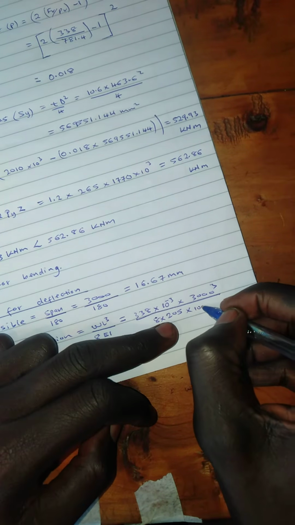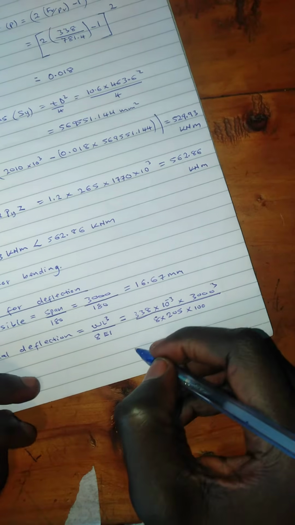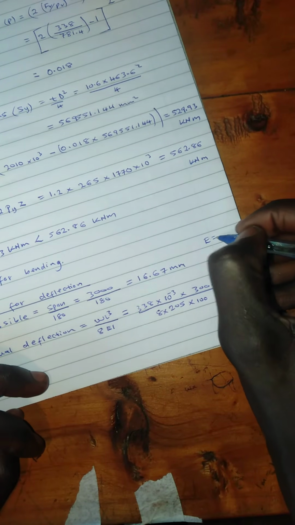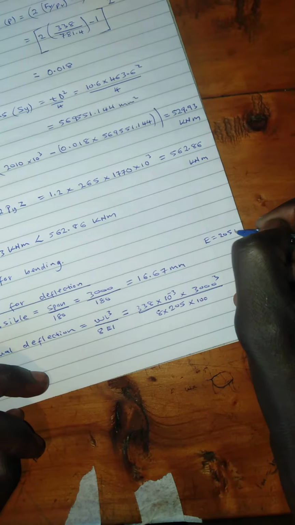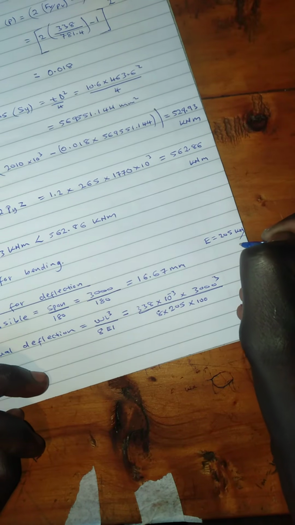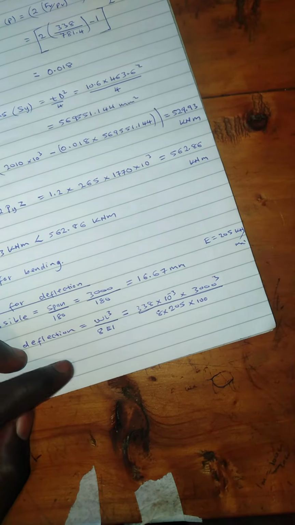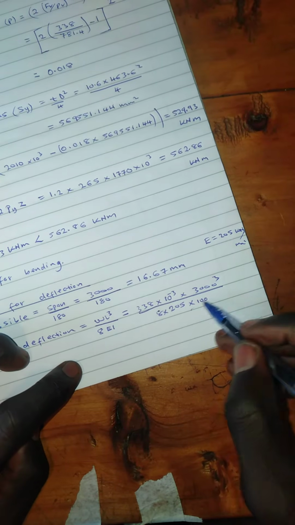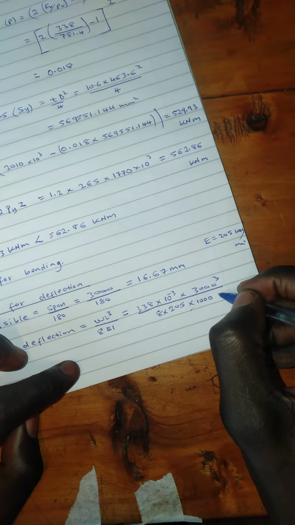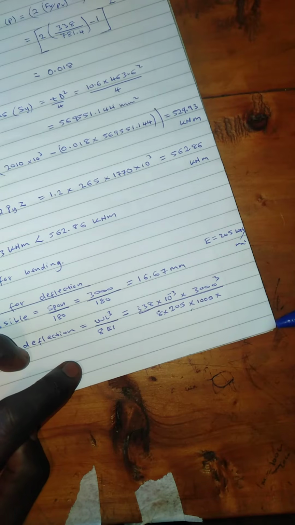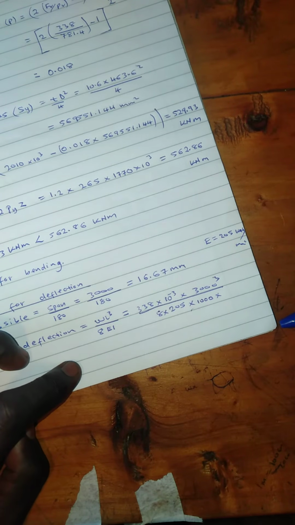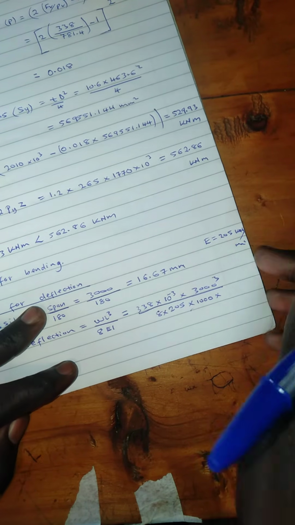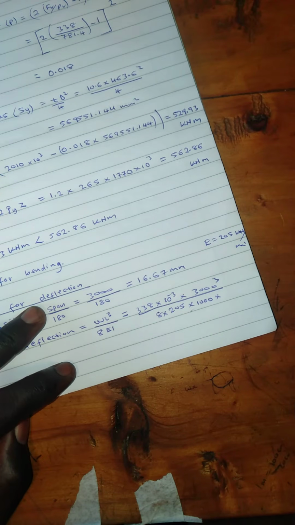Our E was 205 kilonewtons per millimeter squared, so we multiply it by 1000, then times I. Our I we obtain from the table.